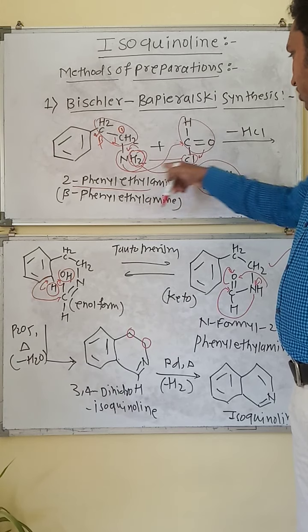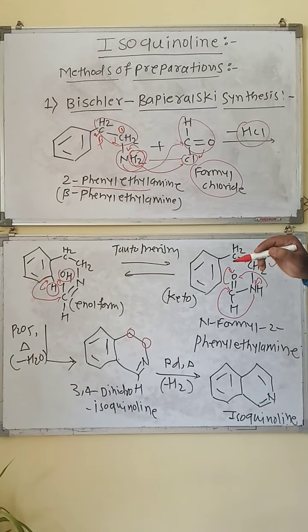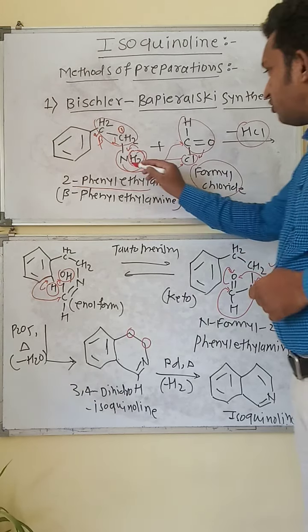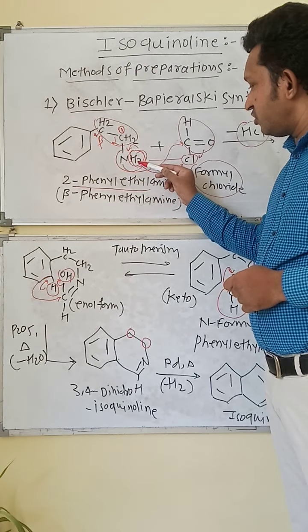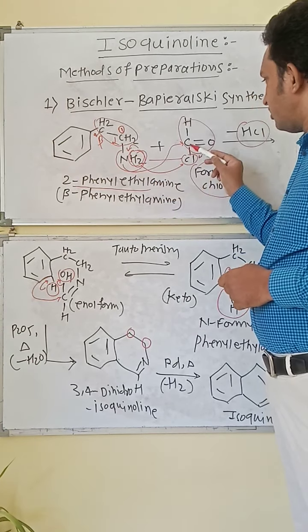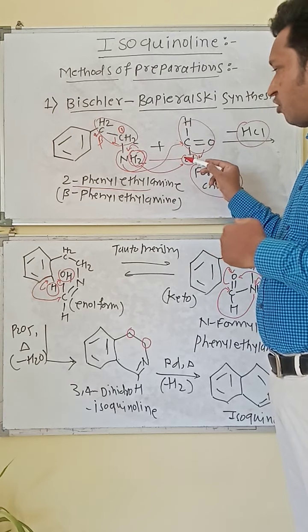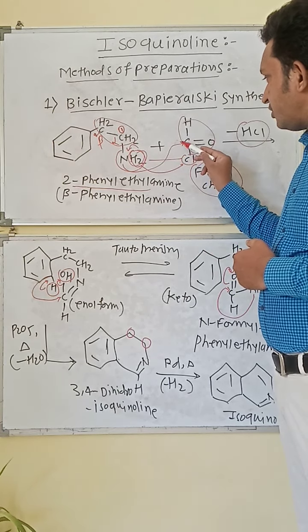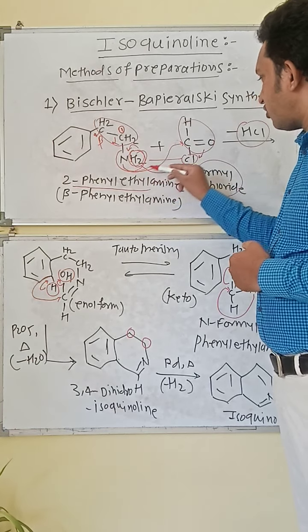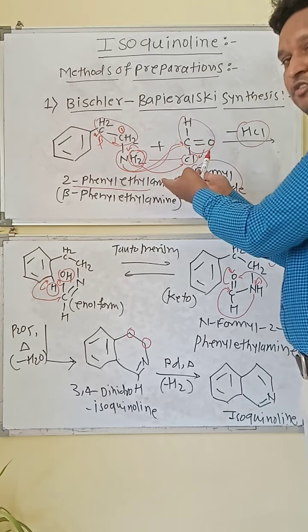This chlorine attached to one hydrogen, so we get HCl. Now this nitrogen will be electron rich, and this carbon will be electron deficient after the removal of the more electronegative chlorine, so this electron deficient carbon is attacked by the electron rich nitrogen, and there is a condensation of this structure.